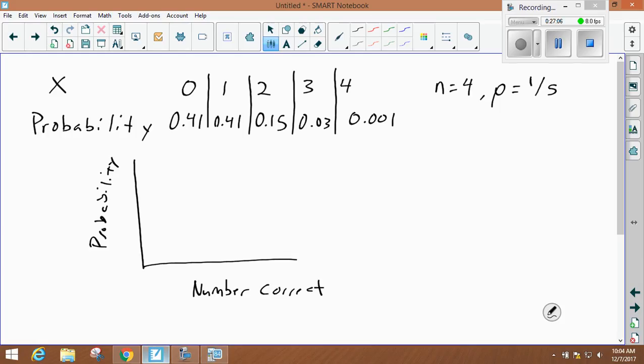I didn't round this one to the thousands because it would be 0, and that's where your .001 is coming from. If I would have rounded each of these to the thousandths place, it would then add up to 1. If I round differently, it's going to mess it up. But unfortunately, I don't want to write this as a 0 probability.